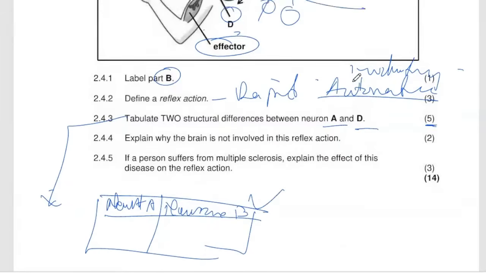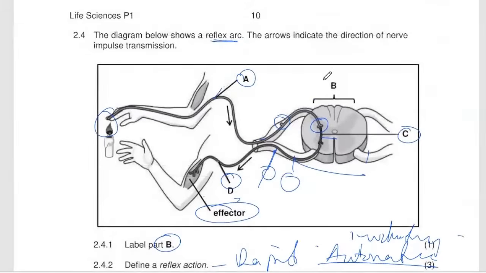If you look at neuron A, the cell body is in the middle of the neuron, while in neuron B, we see that the cell body is at the end of the neuron. If you look at it here, the cell body is here, while here the cell body is at the end.